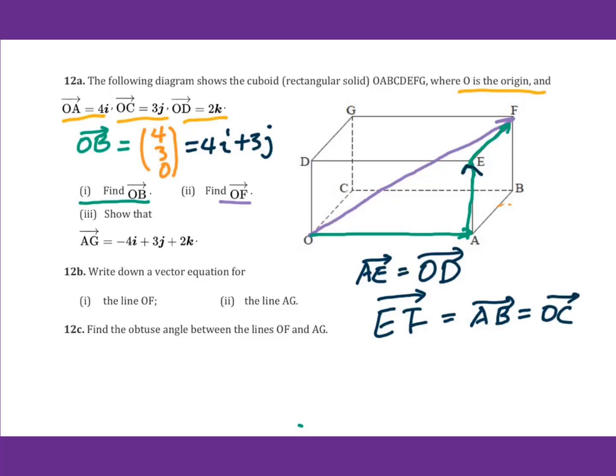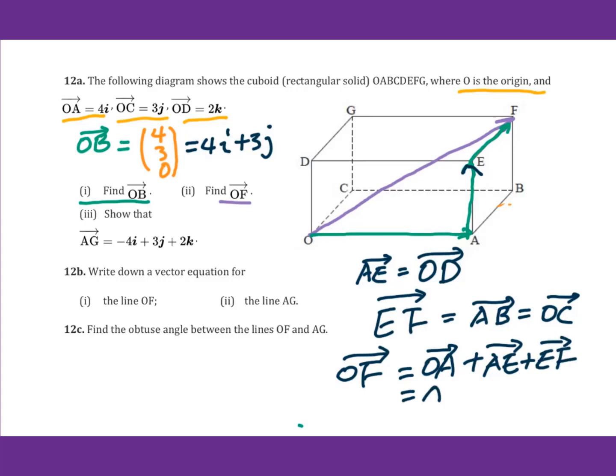So basically, I have OF equals OA plus AE plus EF equals OA plus OD plus OC.